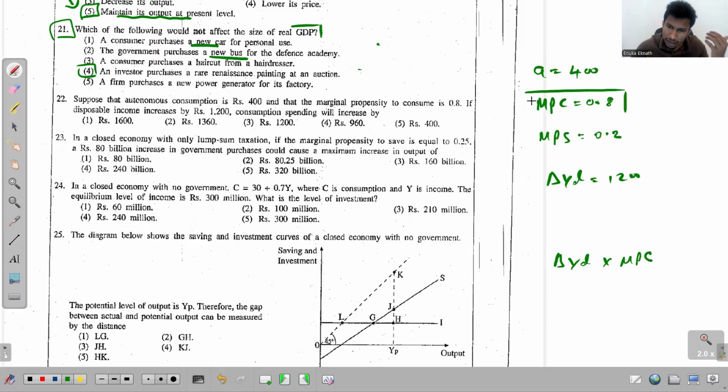What's the meaning of this marginal propensity to consume? The meaning is if the disposable income of this consumer increases by 1 rupee, he will put 80 cents into consumption so that the remaining 20 will be allocated for savings. If his disposable income increases by 1200, by how much will he increase the consumption?